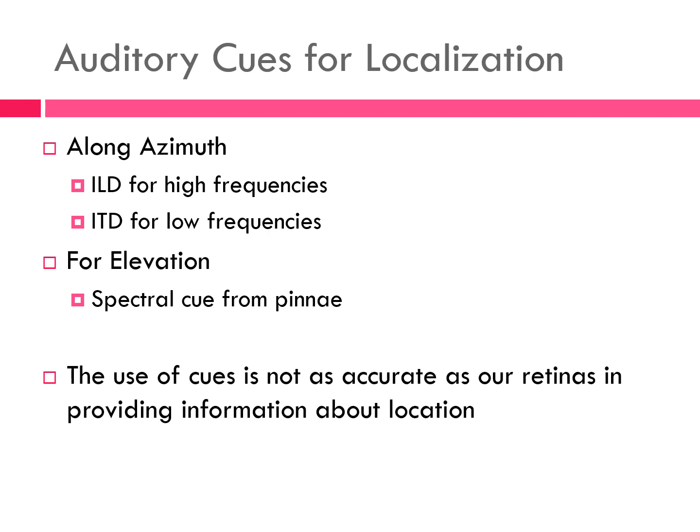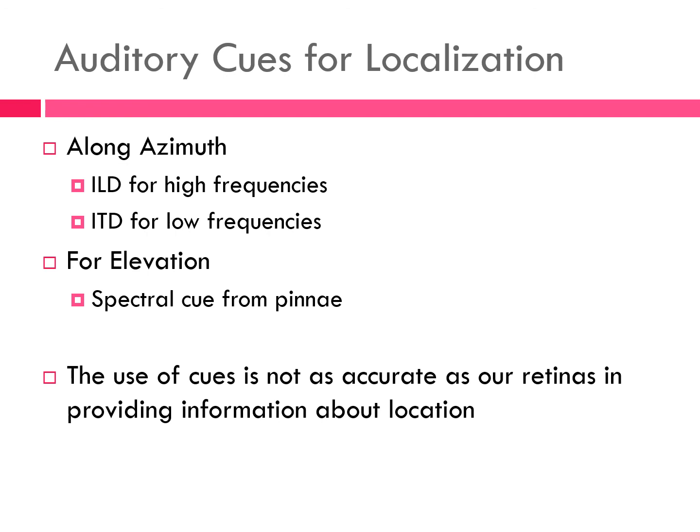For elevation, our particular pinnae and the folds of our pinnae are providing an individualistic spectral cue. Going across the spectrum of sound, those different disruptions in the different frequencies are going to be slightly different from each other, and that tells us about elevation.